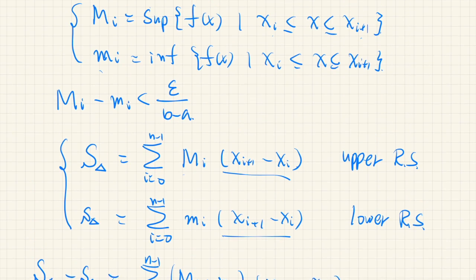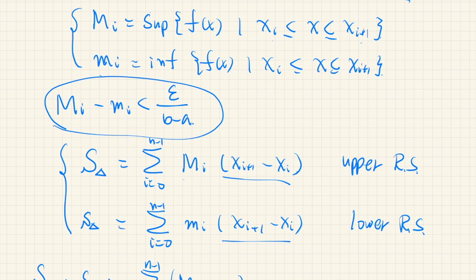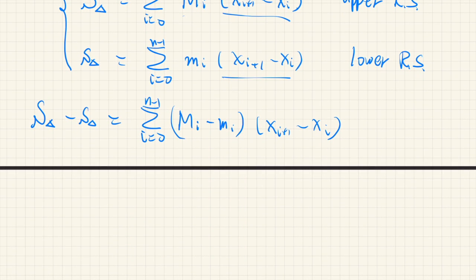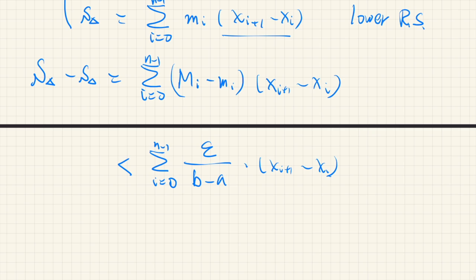Now, because of the uniform continuity, we have this inequality. So this sum is less than epsilon over b minus a times xi plus 1 minus xi. But this one is constant, so we can take it out of the summation.